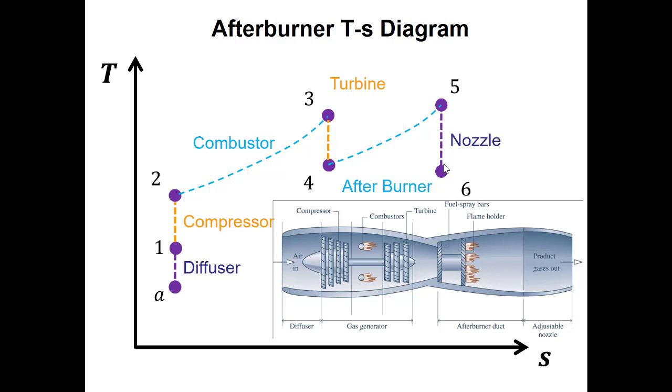But in military applications, it's more important to preserve the well-being of the pilots. So what we need to do sometimes is add this extra step. It's better to burn more fuel and keep the pilot of the plane safe. So that's what we do with an afterburner.